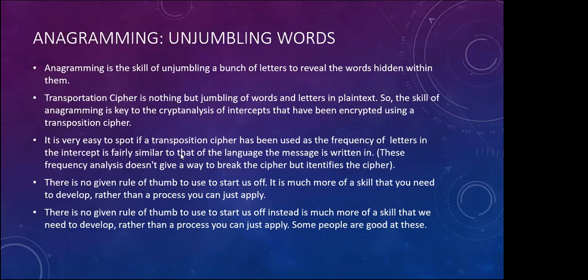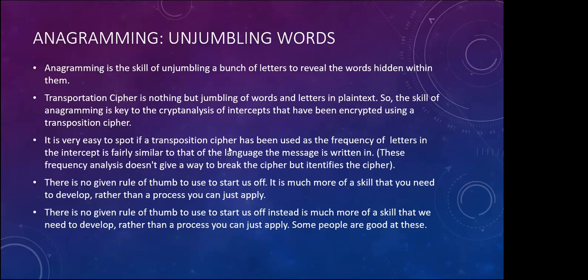This method or skill is used to unjumble the words. We need to have a skill or practice for understanding the pattern within the words, and anagramming is the skill wherein we unjumble the letters and words to find the meaning or hidden message within them.